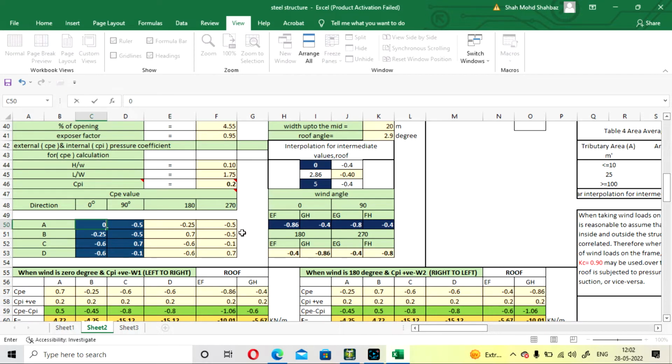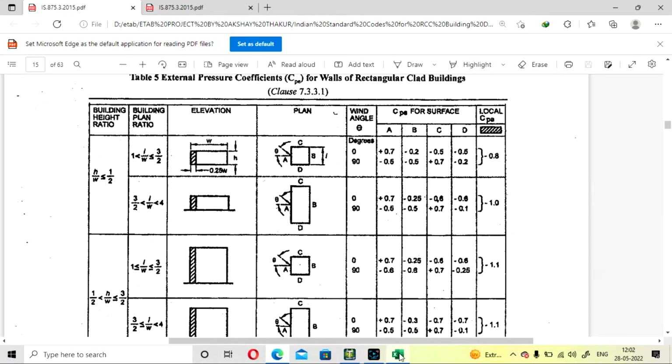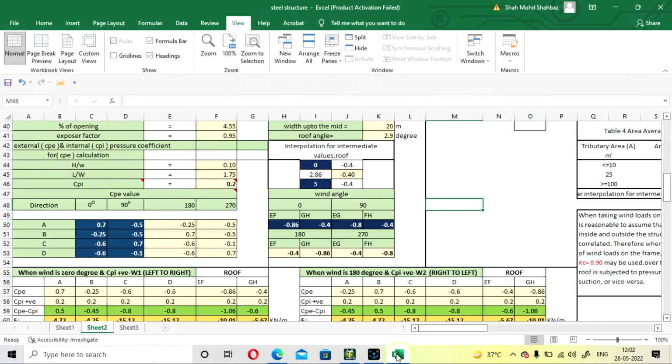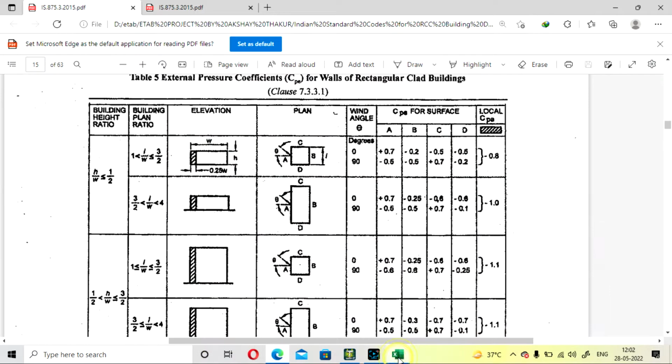Here it is. Similarly for 90 degree, it is minus 0.5, minus 0.5, plus 0.7, minus 0.1. So this is correct here, and according to that, it will calculate your CPE value for 180 degree and 270 degree.